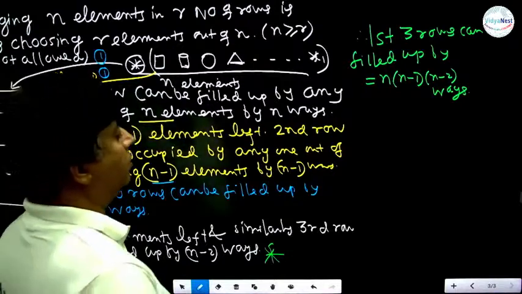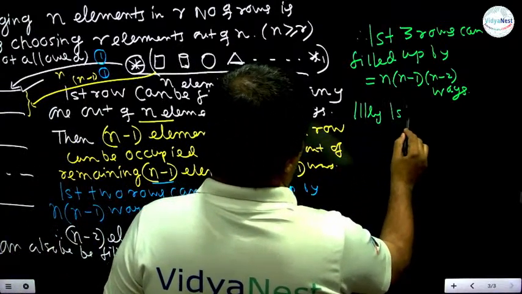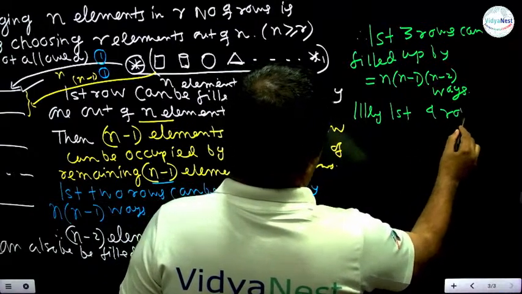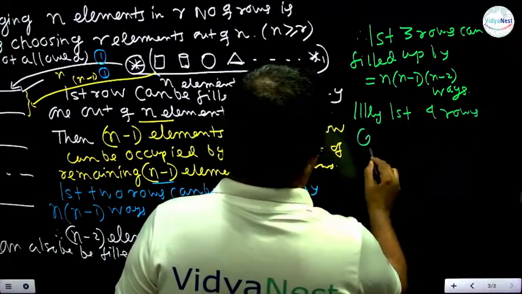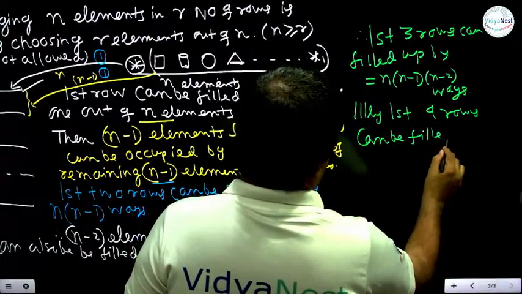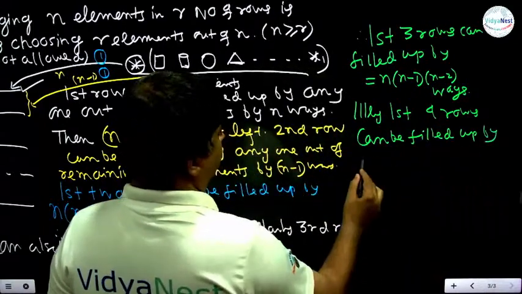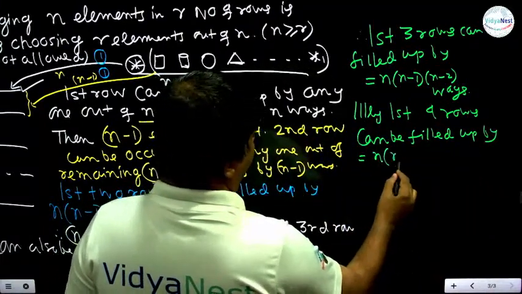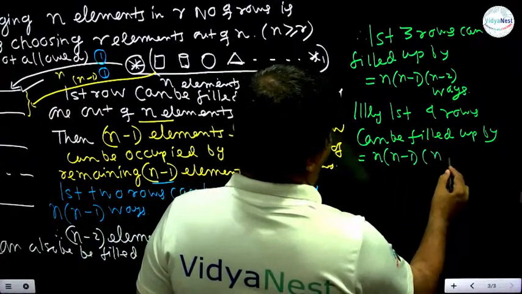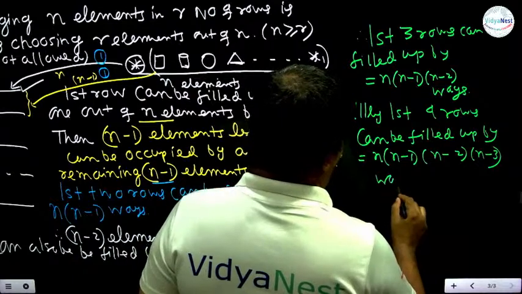Similarly, the first 4 rows can be filled up by n, n minus 1, n minus 2, n minus 3 ways.